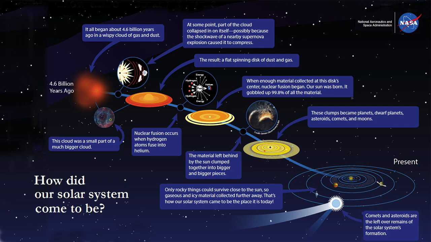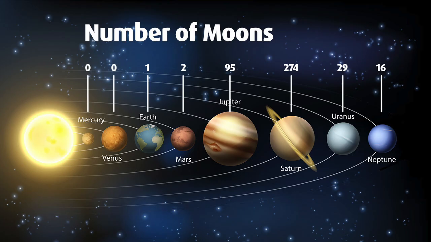If we look at the number of moons, Mercury has 0 moons, Venus has 0 moons, Earth has 1 moon, Mars has 2 little moons, Jupiter has 95 moons. That's the biggest planet. So you'd kind of expect Jupiter to have the most number of moons, but it doesn't. That honor goes to Saturn with 274. We're going to talk more about those moons because they're really bizarre.